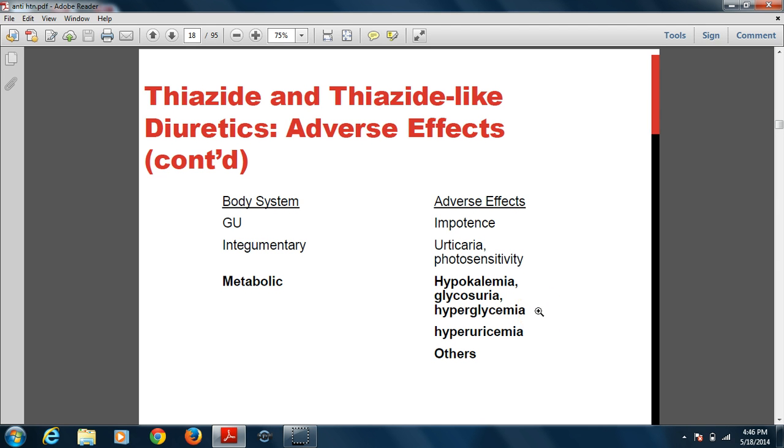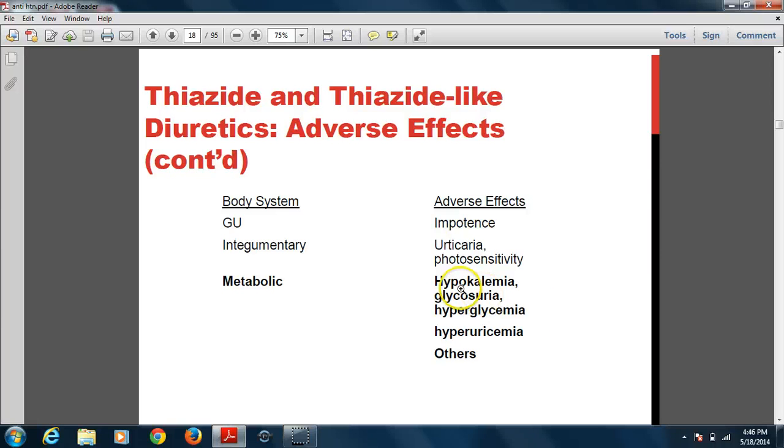Whenever we use a diuretic, we're always concerned about what it's doing to a person's blood sugar, especially if they're diabetic. Those fluid changes can change the concentration of any solute, like glucose or sodium or potassium, in the blood volume. So as the volume of fluid in our vasculature goes up and down, it can change how much sugar is in our bloodstream.